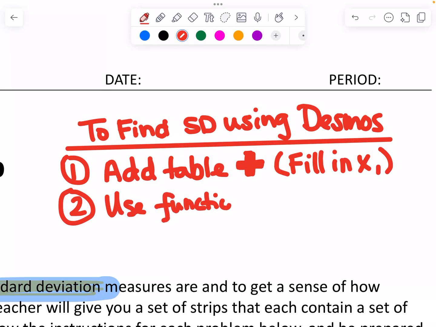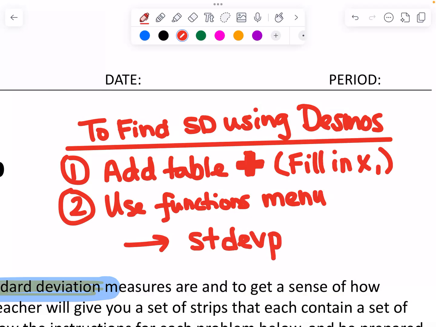And the function that we're looking for is called standard deviation P. So we're going to click on STDEVP. So that's the one we're looking for.